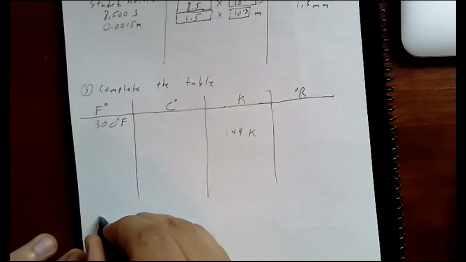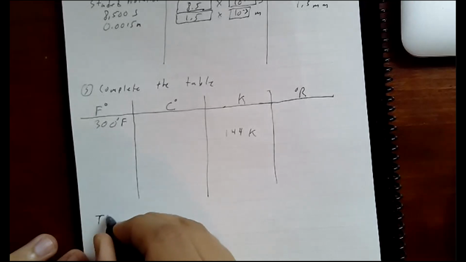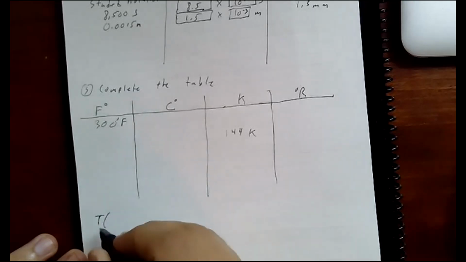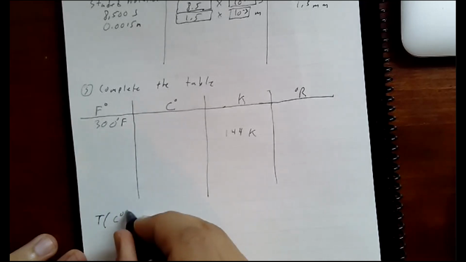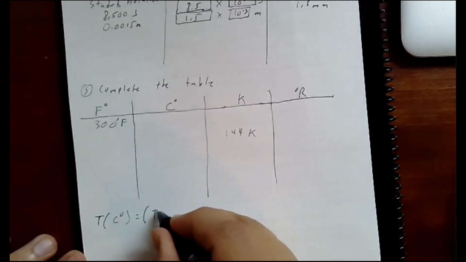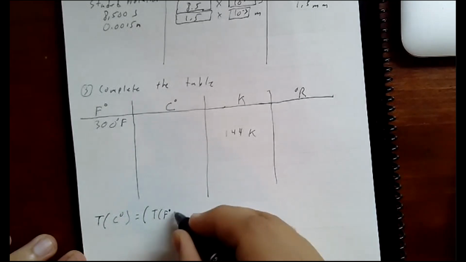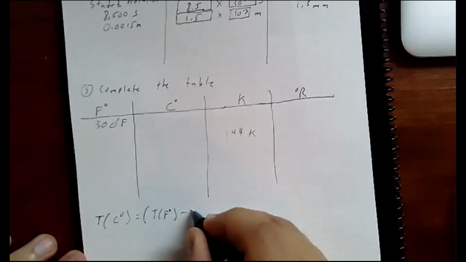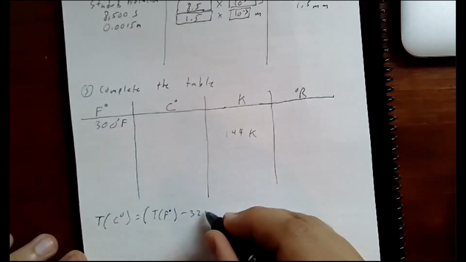So for here, let's work on the 300 first, right? To get it to Celsius, we got to use this formula here. So Fahrenheit to Celsius, we take the Fahrenheit temperature, we plug it in here. Temperature of the Fahrenheit minus 32 times 9/5.